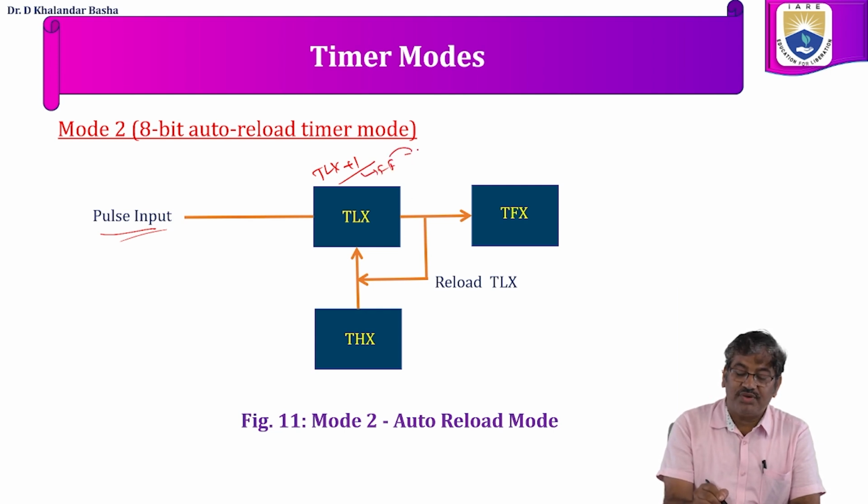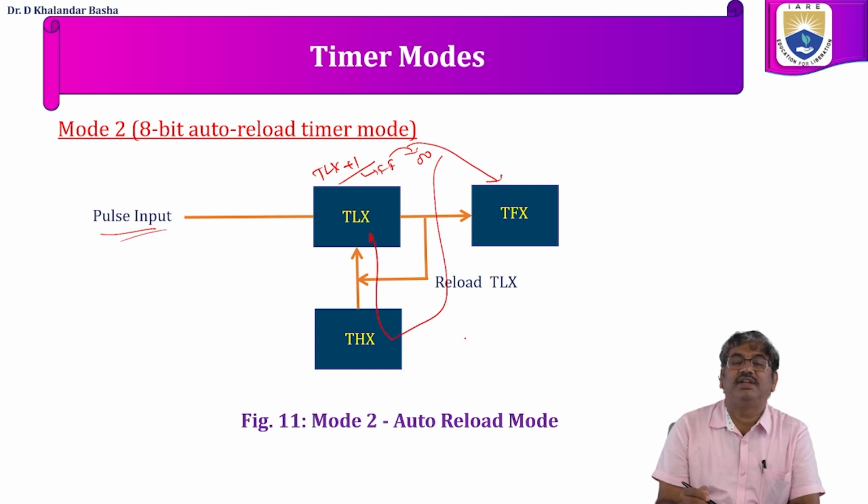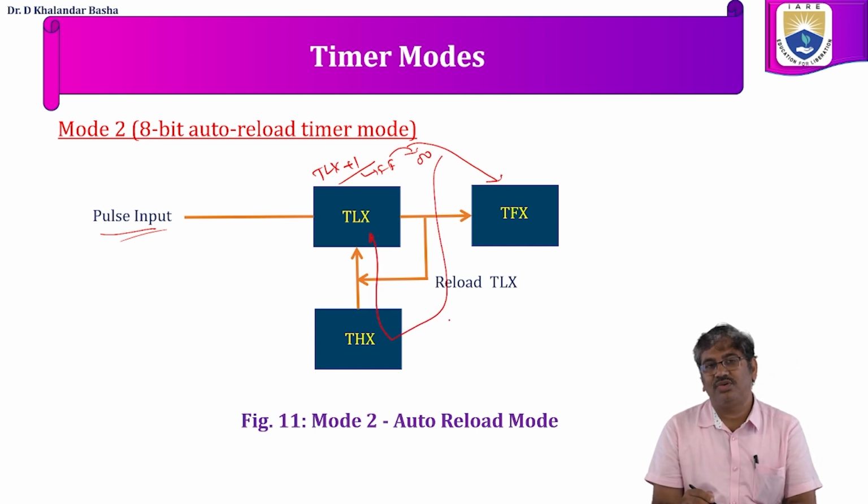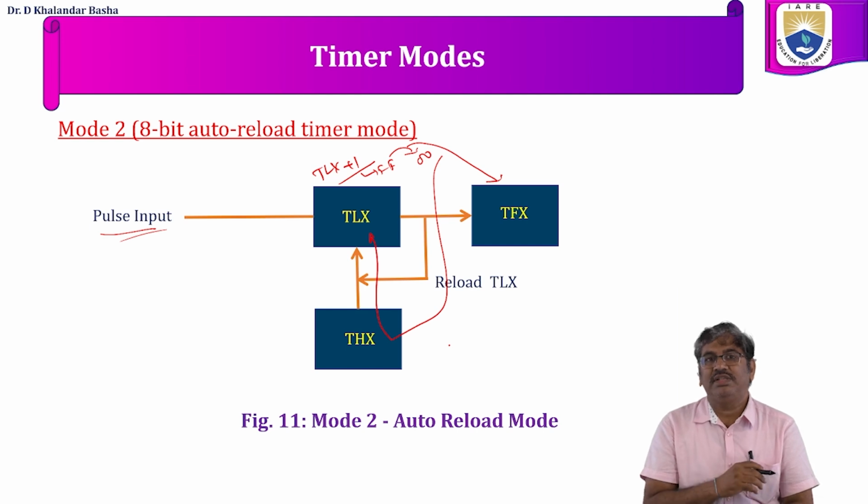Once it reaches FF, it overflows from FF to 00. In that case, it generates an overflow, and THX will be loaded into TLX again. That is called auto reload mode. Continuously, once it generates an overflow, it starts counting again from the count we loaded into the THX register.